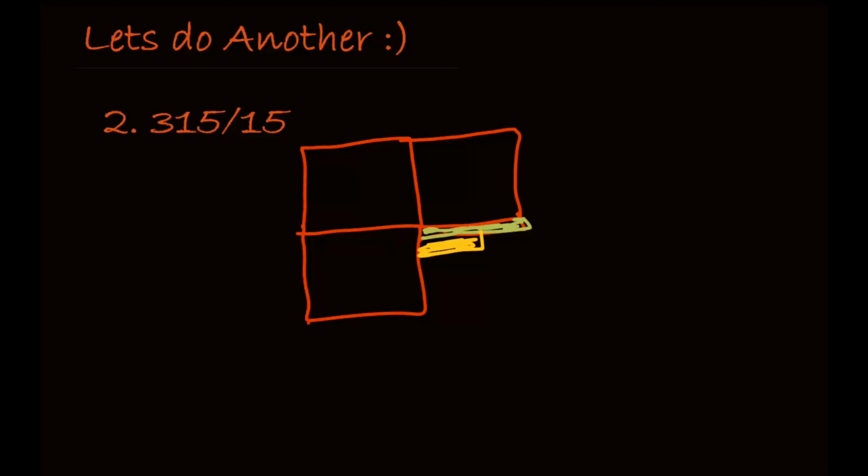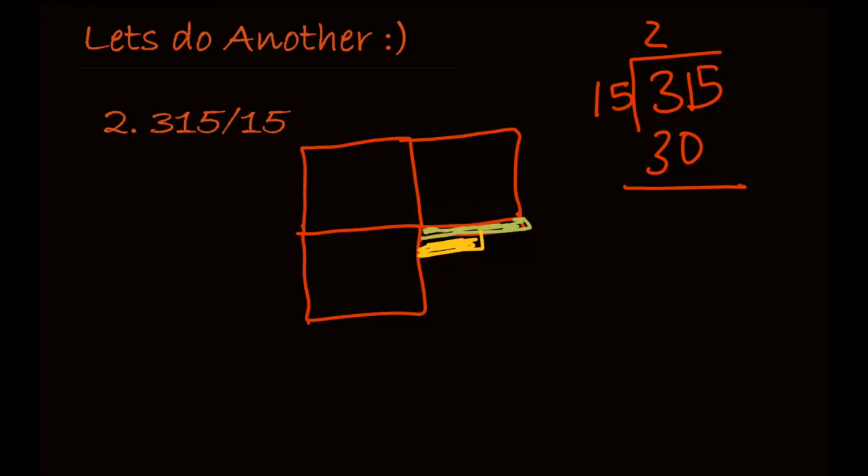Now we'll actually do the problem. We'll just divide it. 315 divided by 15. The green and yellow part together is 15, and the whole thing together is 315. When we divide, 15 times 2 is 30.